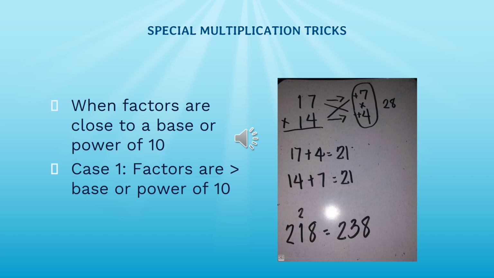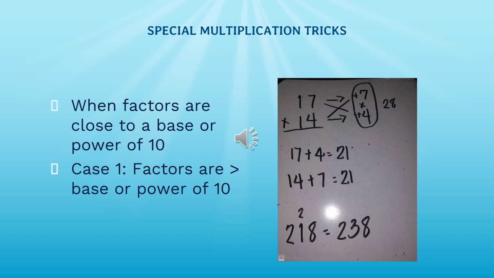Our first step is to cross add. We will take the first factor, in this case 17. 17 times 14, so 17 is our first factor, and we will add the ones digit of our second factor, which is 4. So 17 plus 4 is 21.